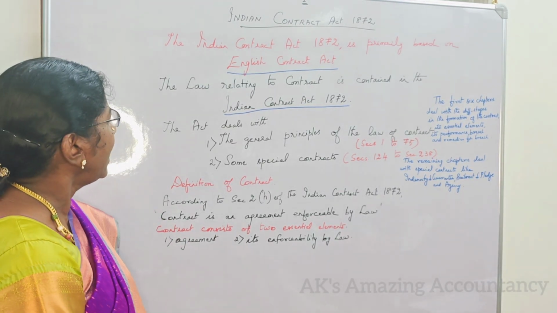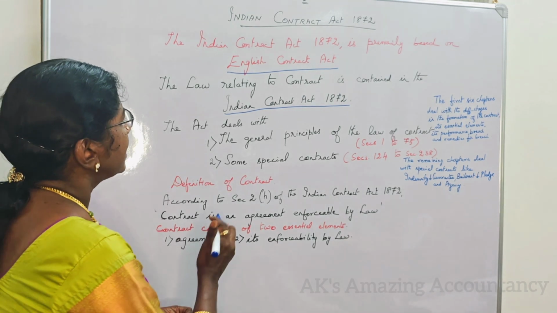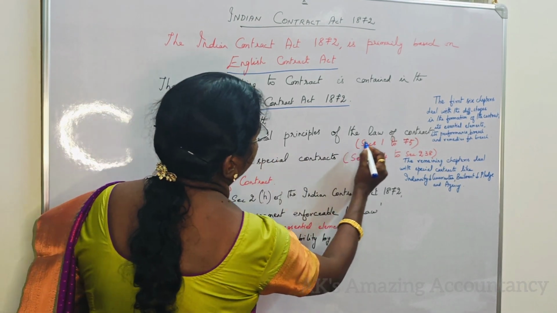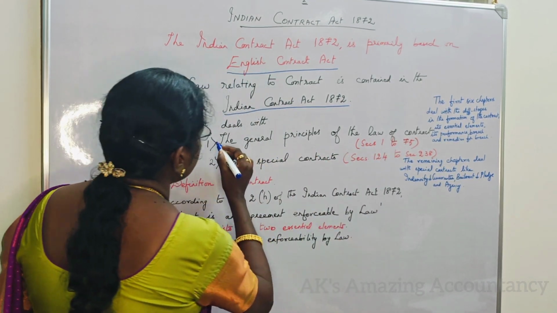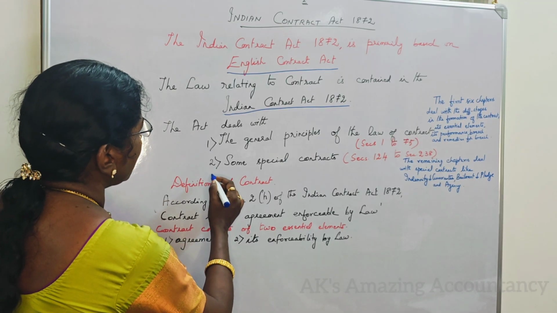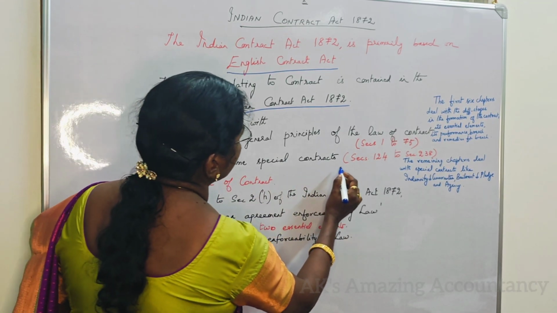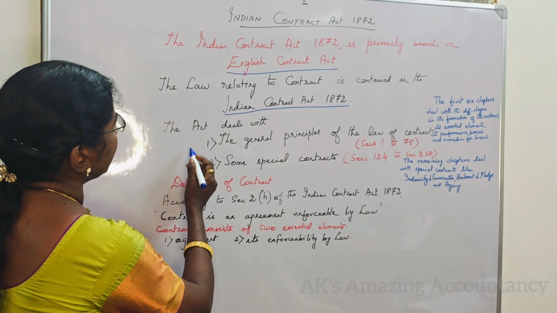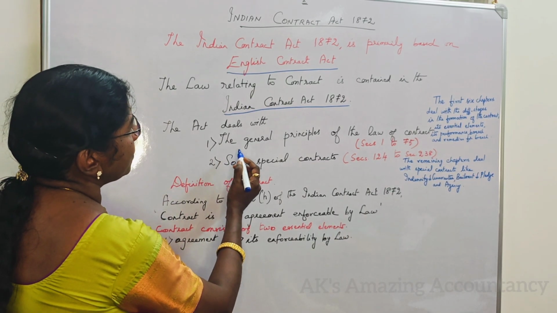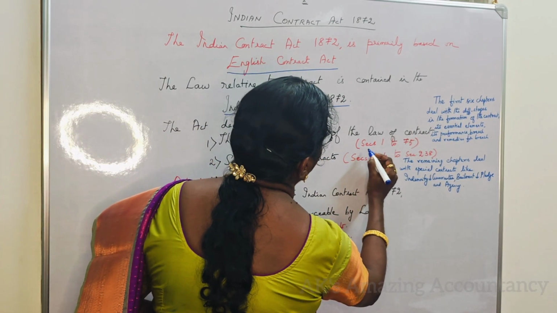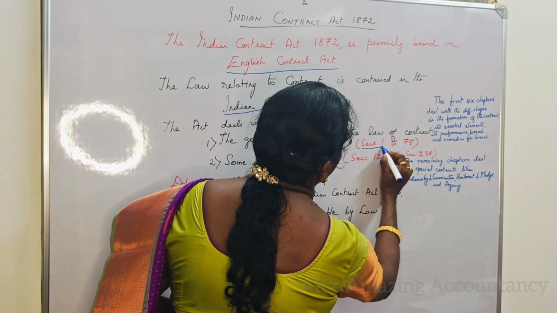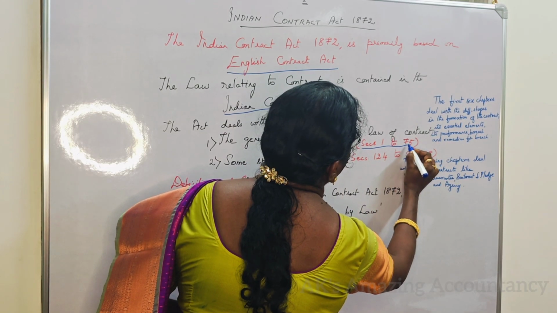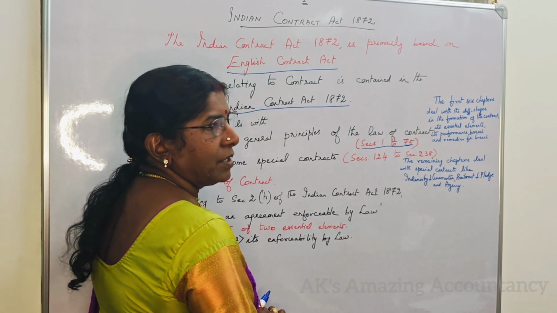Actually, the Act deals with the general principles of the law of contract, that is the first category, and it also deals with some special contracts. The general principles of the law of contract are given in sections 1 to 75.